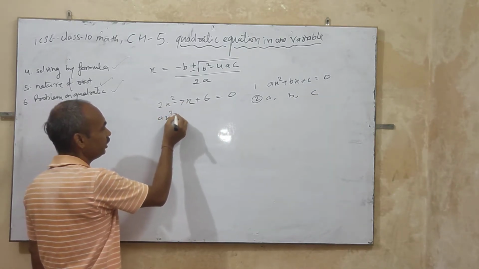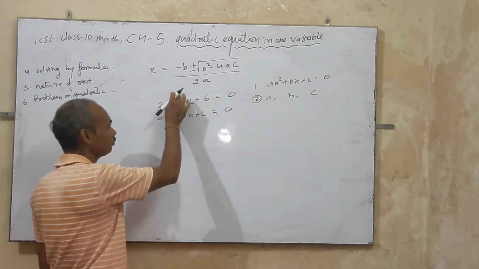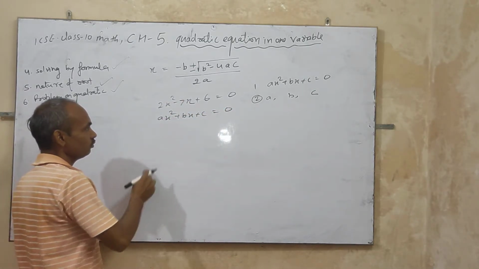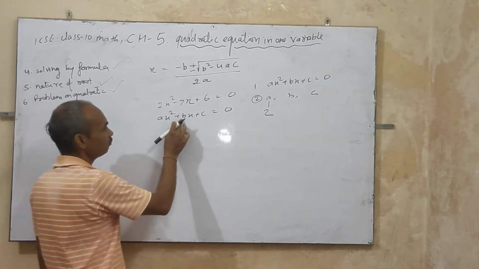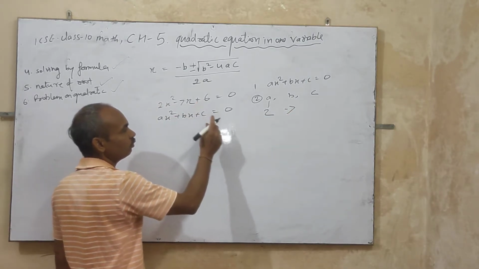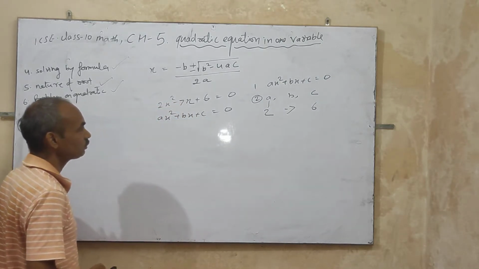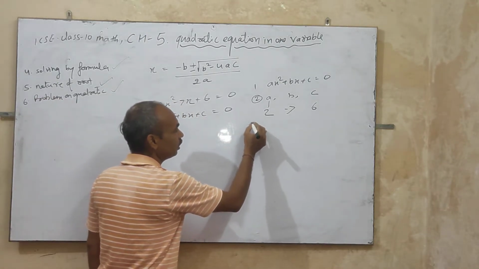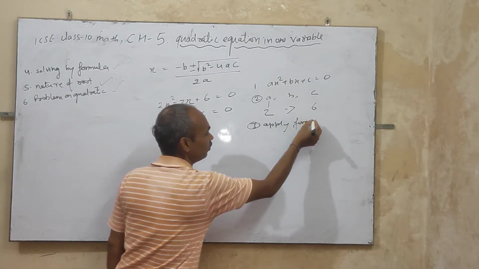Comparing, we get a equal to 2, b equal to minus 7 and c equal to plus 6. Now the third step, apply the formula.